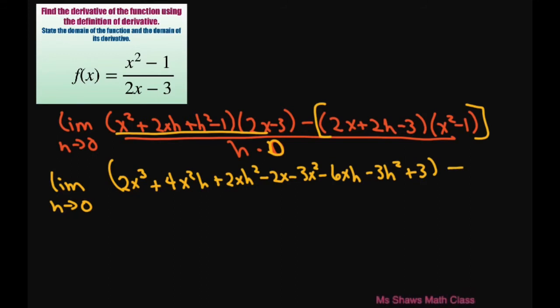So this is going to be minus 2x cubed plus 2x squared h minus 3x squared minus 2x minus 2h plus 3.